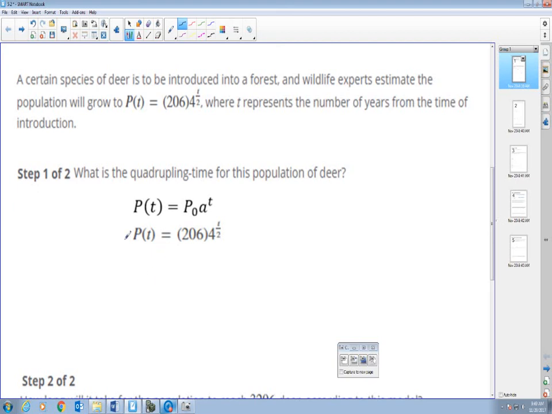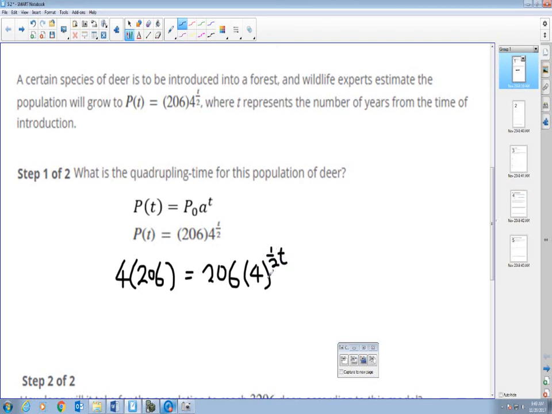Quadruple simply means 4 times my initial population, which is equal to my initial population times my growth rate, 4 to the t over 2 power. T over 2 can be written as half t.